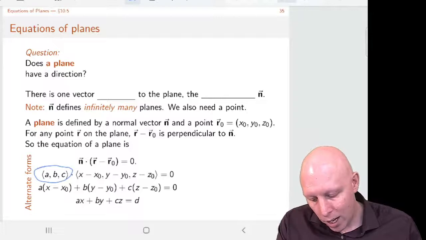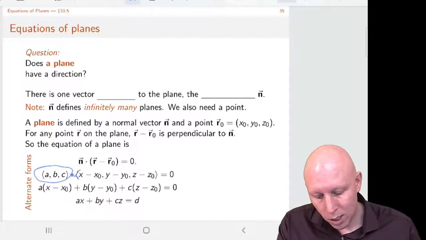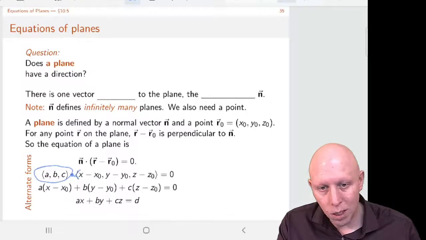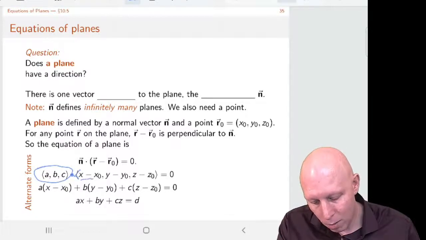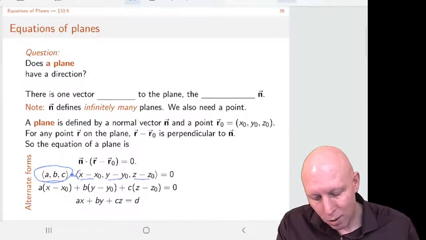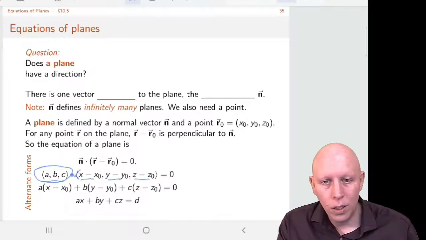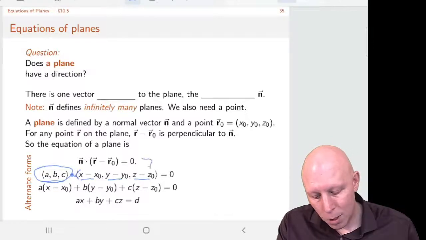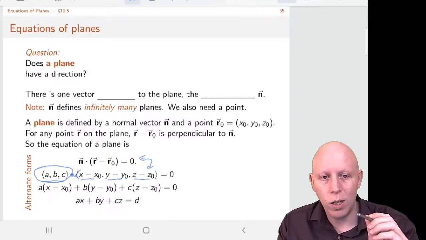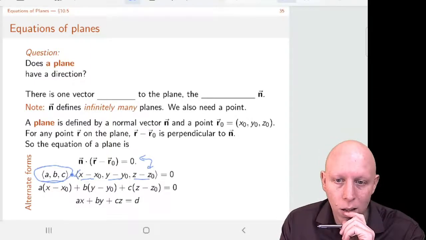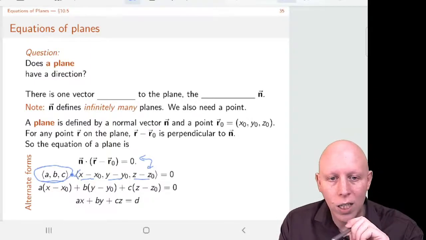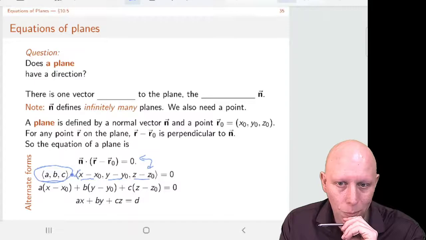But if we had ABC dotted with x minus x naught, y minus y naught, z minus z naught, so this is our r minus r naught, we have ABC dotted with that is equal to 0. This is the exact same equation, just written out with the equation for what n is, and written out for what r is and what r naught is.